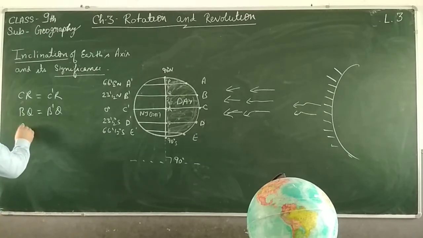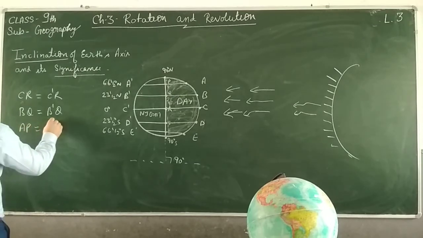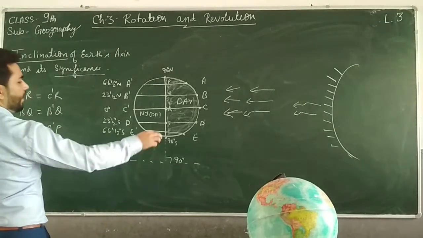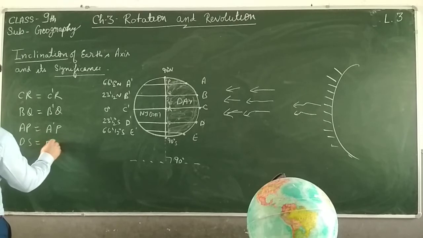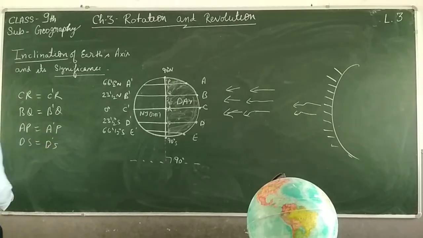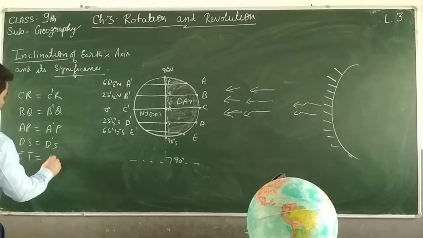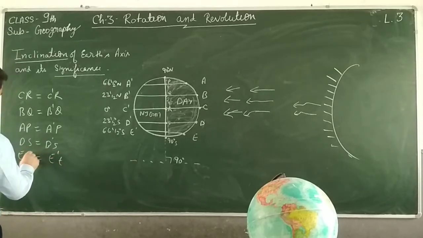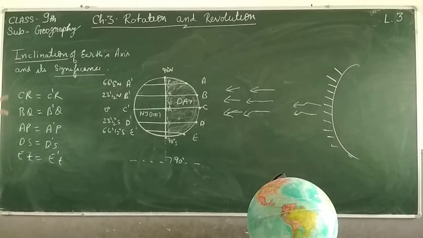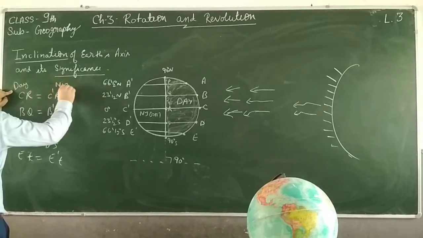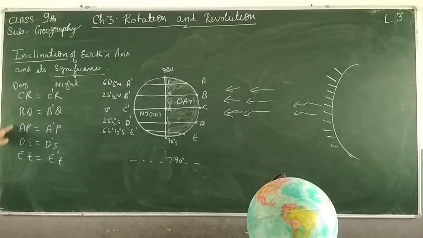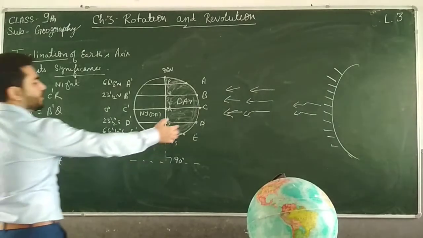Likewise AP is equal to A dash P, likewise DS will be equal to D dash S, likewise ET will be equal to E dash T. Clear? So now you can see that this is the length of day and this is the length of night. So the length of day and night are both equal mathematically, as you can see here.